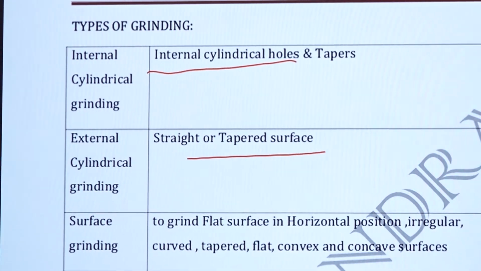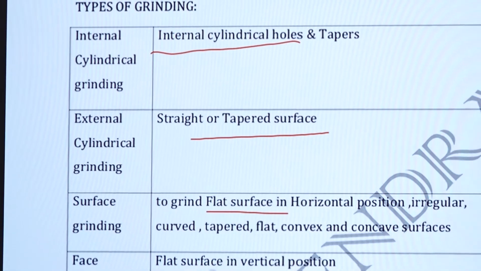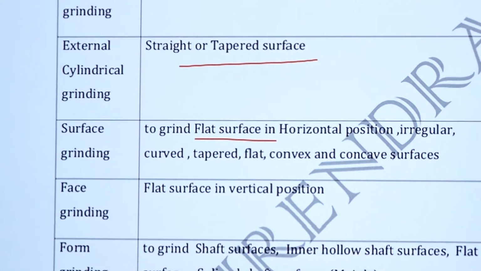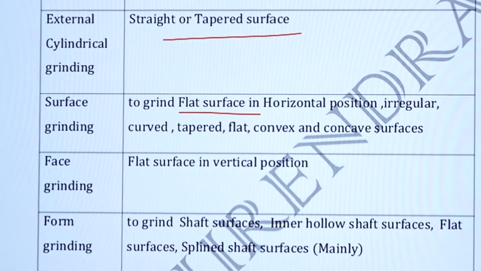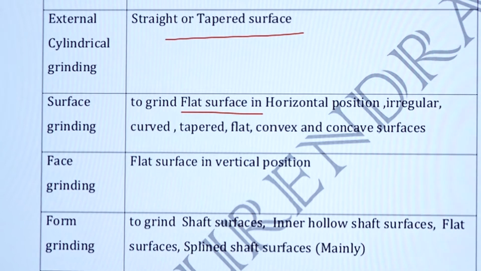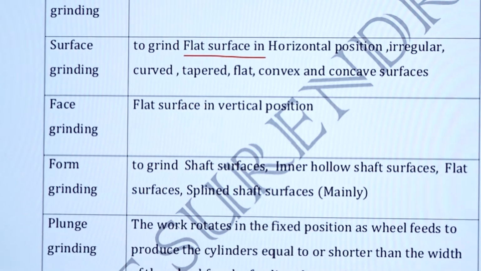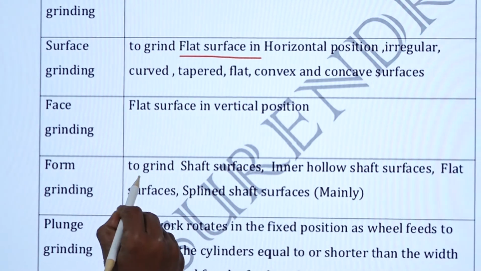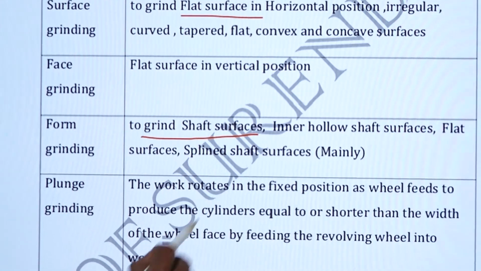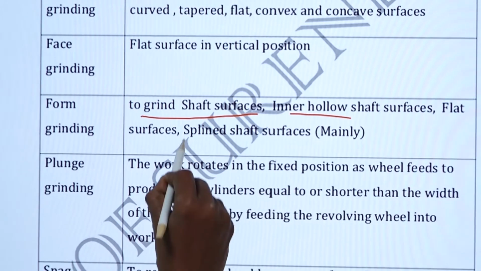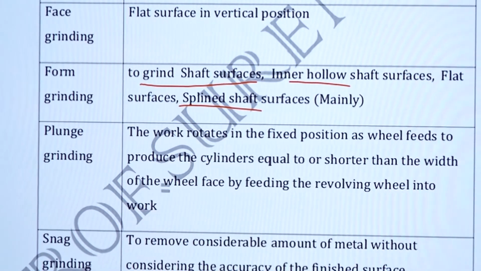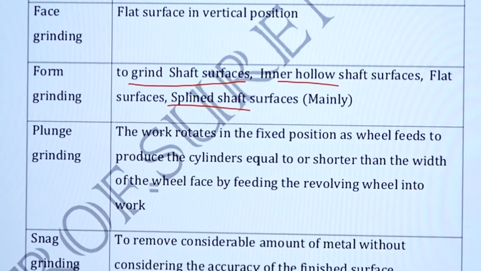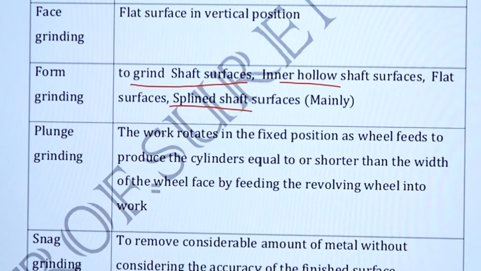Surface grinding produces flat surfaces in horizontal position; irregular, curved, concave or convex surfaces can be easily produced. Face grinding produces flat surfaces in vertical position. Form grinding is used to grind shaft surfaces, inner hollow surfaces and splined shaft surfaces.